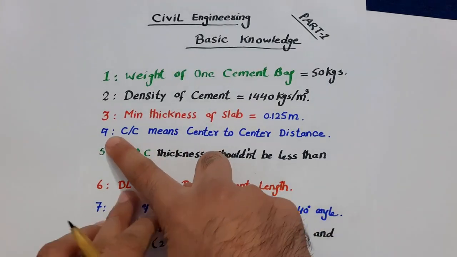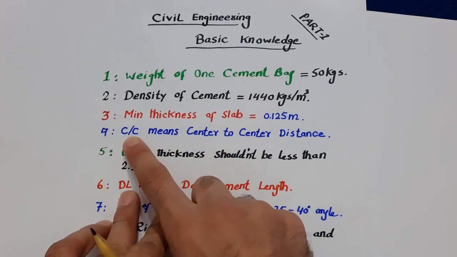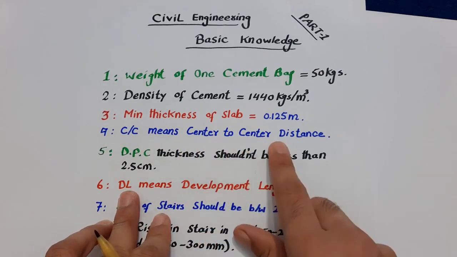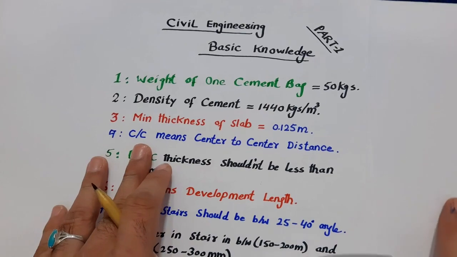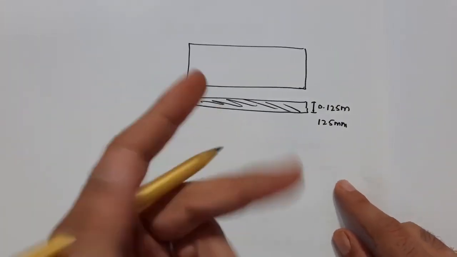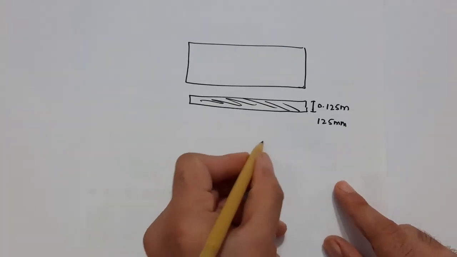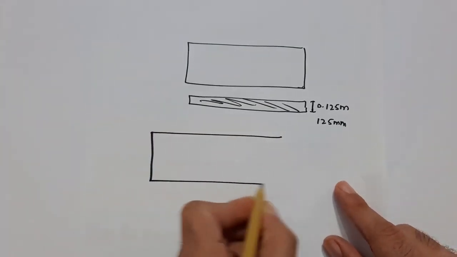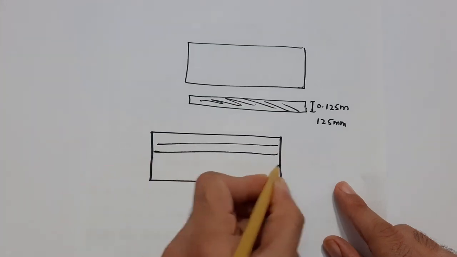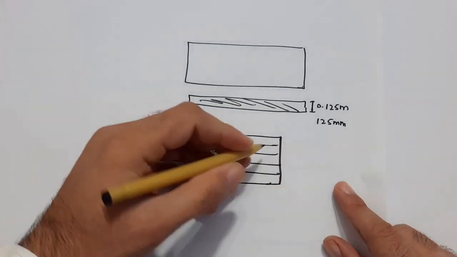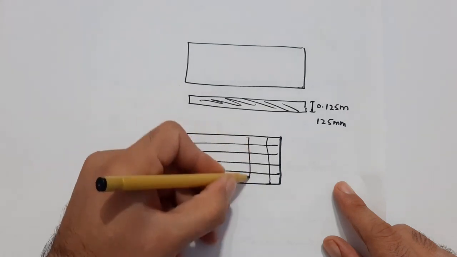The fourth one is C/C, meaning center to center distance. C/C is especially used in design for the slab or any RCC members. You can see this is a slab, so we provide main bars and distribution bars.